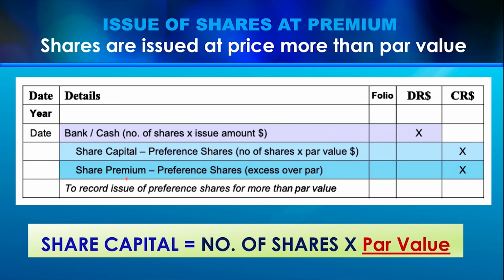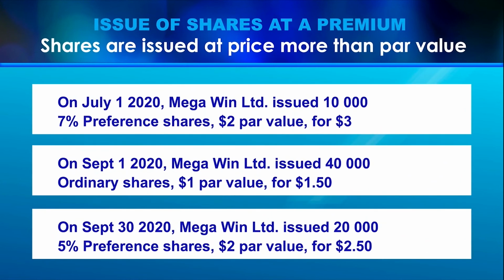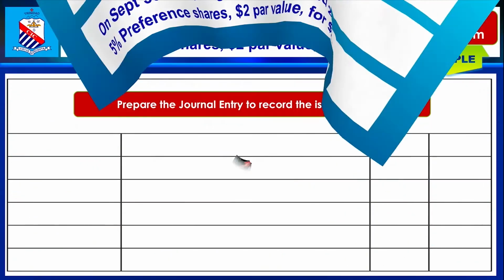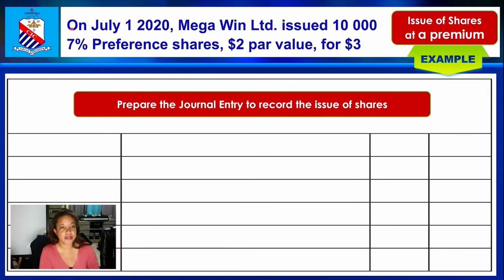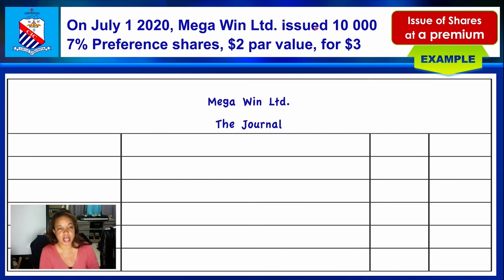So getting straight into the transaction, we have 3 transactions here, starting with on July 1st, 2020, Mega issue 10,000 $2 par value shares for $3. So you're seeing 2 different values here.